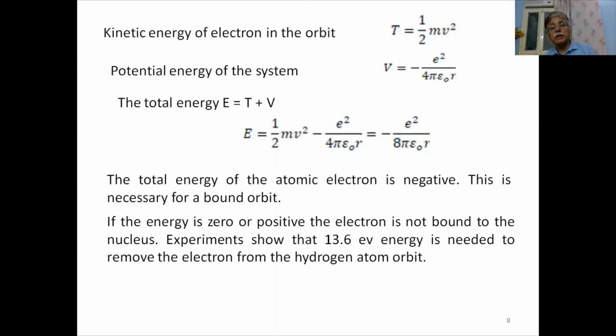Experiments show that 13.6 electron volt energy is needed to remove the electron from the hydrogen atom orbit. And r comes out, if E is equal to 13.6 for the ground state, if we put it in, then r, that is the radius of the first Bohr orbit, comes out to be 5.3 into 10 to the power of minus 11 meter, that is 0.53 angstrom.